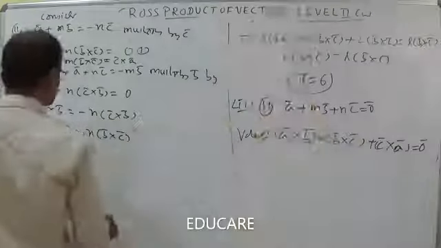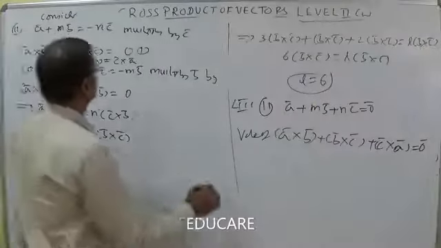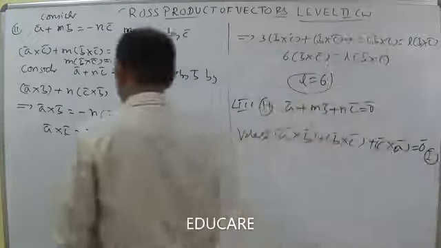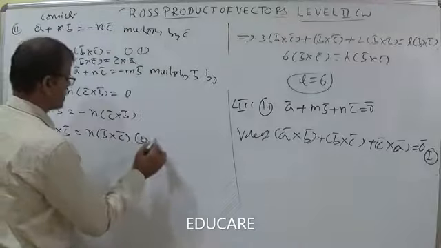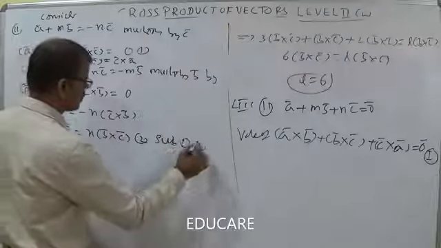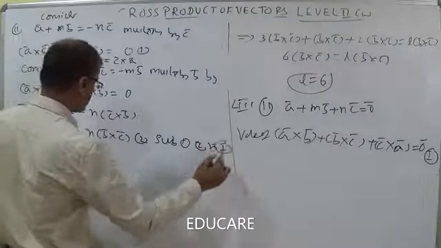Now you can substitute the value in the given equation. Let it be Roman number 1. This is second one. Substitute the values 1, 2 in Roman number 1.